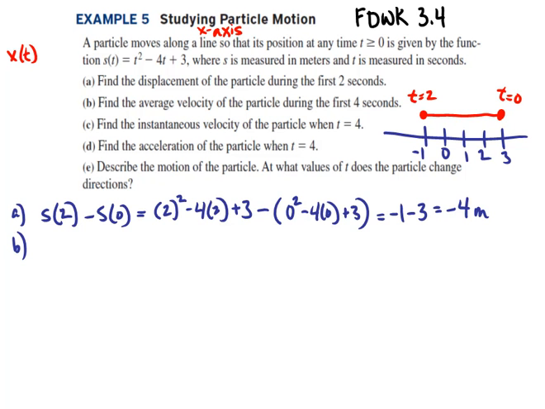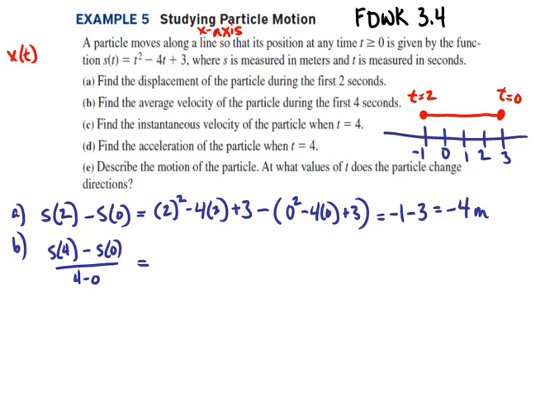To find the average velocity of the particle during the first 4 seconds, we're just going to take the slope of the line connecting the points when t is equal to 4 and t is equal to 0. So the average rate of change, or the average velocity in this case, is the slope of the secant line connecting the beginning and the ending points.